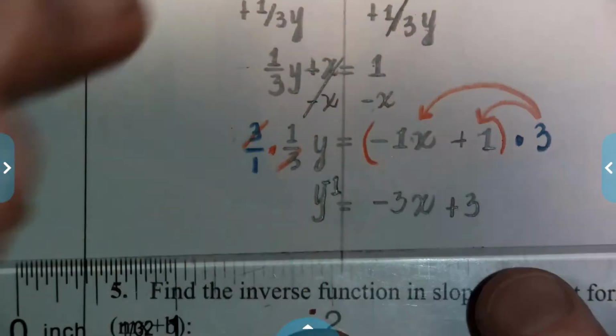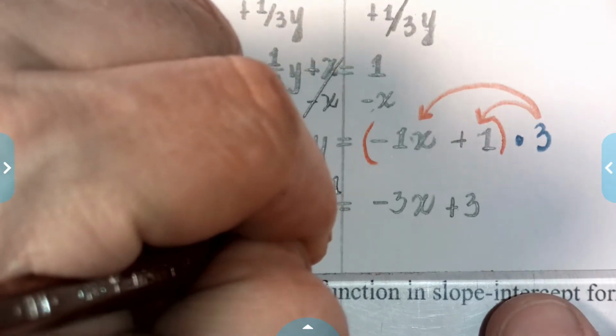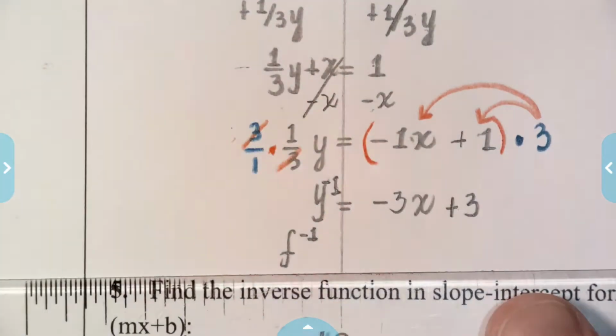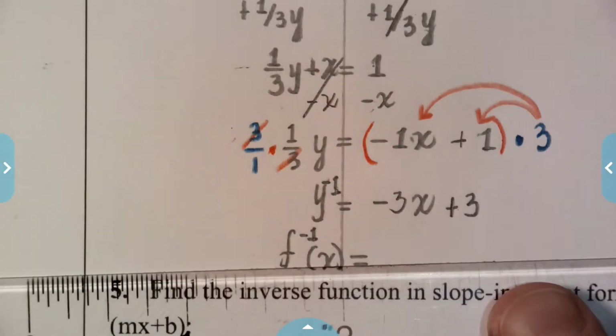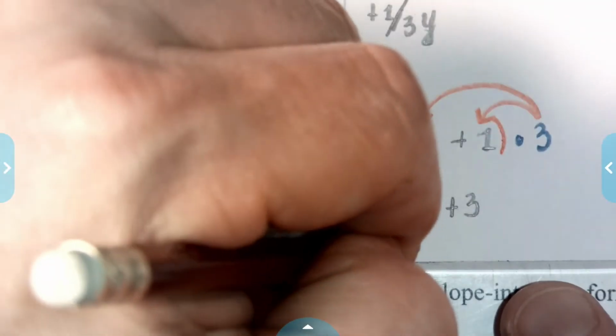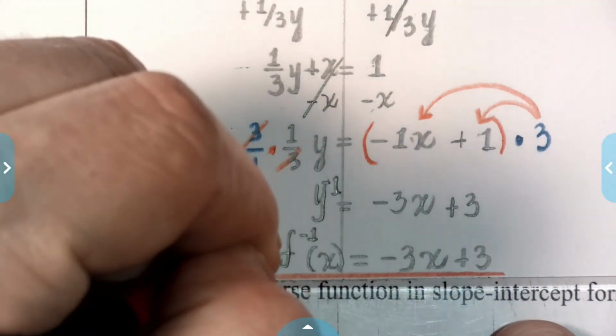So inverse function notation would look like this. f inverse x, so f to the negative 1 of x equals negative 3x plus 3. Okay, and that's the thing that you would put in the red box because that's what they wanted. It's in slope-intercept form, mx plus b.